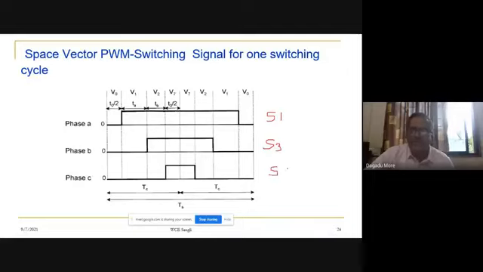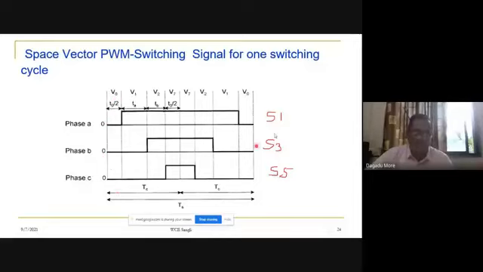And inverted will be the lower switches. So inverted of this will be for S4, inverted of the second will be S6, and inverted of S5 will be S2. So these are the switching signals we are getting for the 3 upper devices. So we apply V0 for T0 by 2 period. V0 means upper devices are off, 0, 0, 0, and lower devices are on.